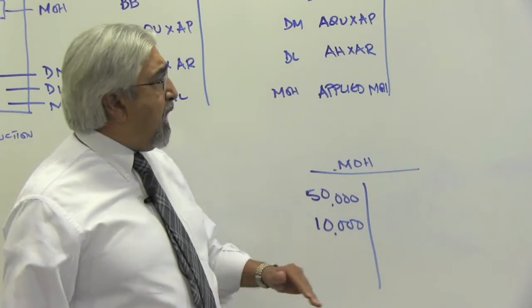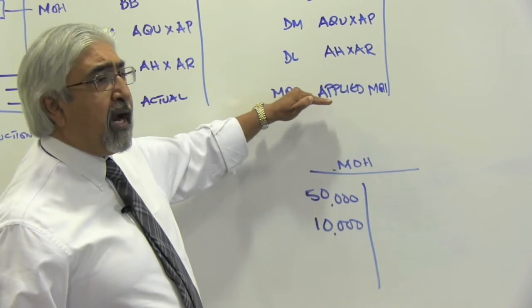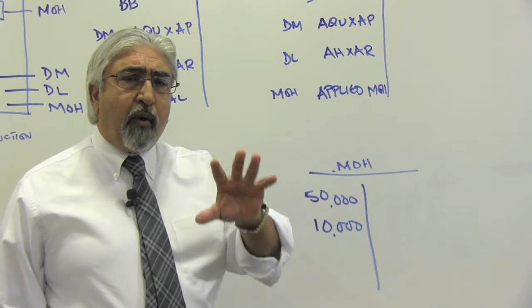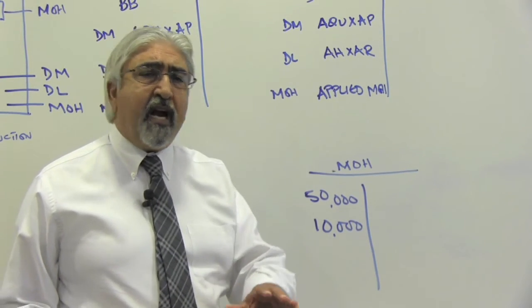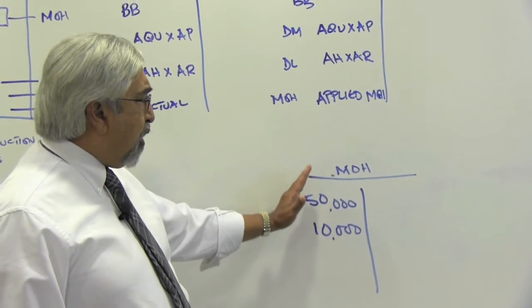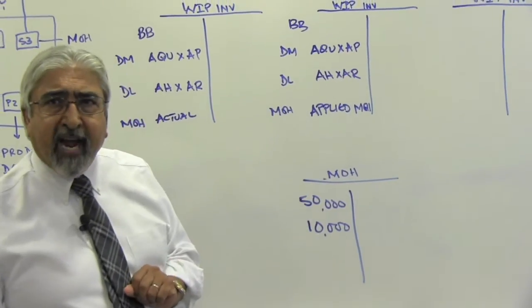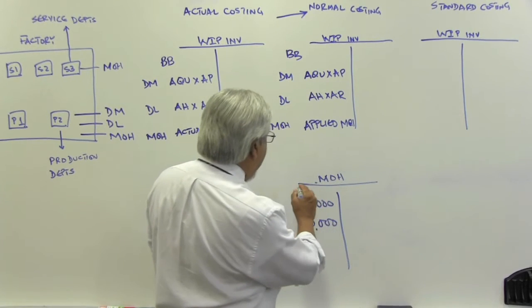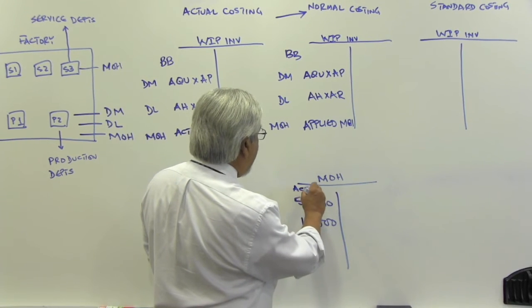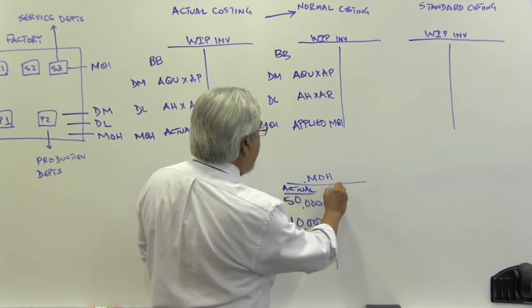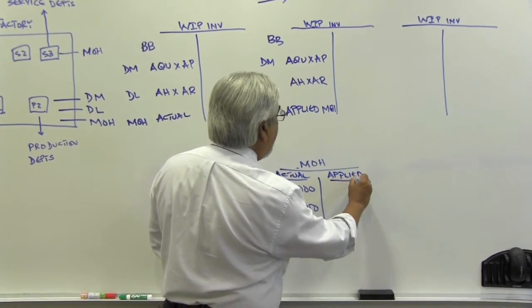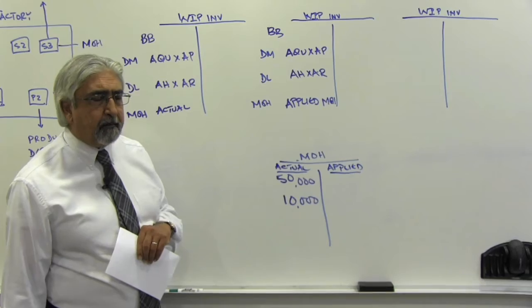So how do we get to applied overhead in work in process inventory? As overhead costs are being incurred, they are being kept on the debit side of manufacturing overhead. The actual overhead costs are the debit side, the applied costs are the credit side of manufacturing overhead.